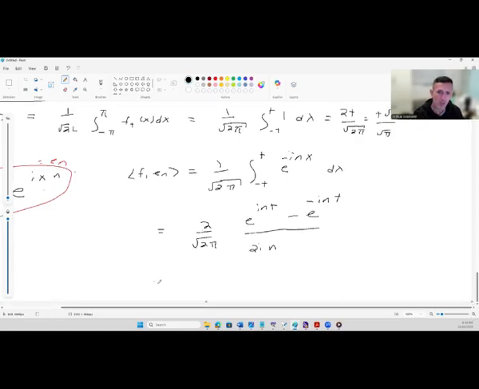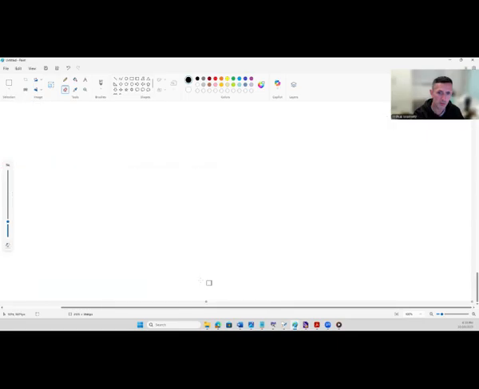So to simplify this, you get, again, 2 over square root 2 is root 2 over root pi, just sine n t over n.